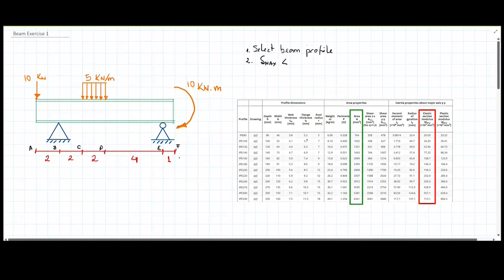And you're going to find these kinds of representations in the literature, like L divided by 360, for example, meaning that you take the length of the beam and divide it by this number, and that's going to give you the maximum permissible deformation on this beam.